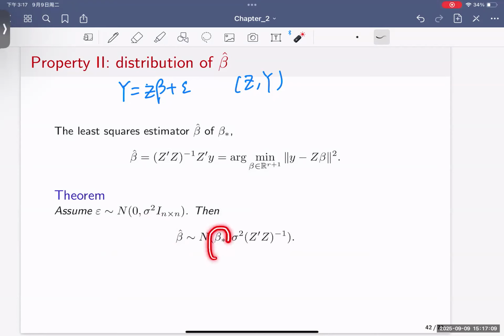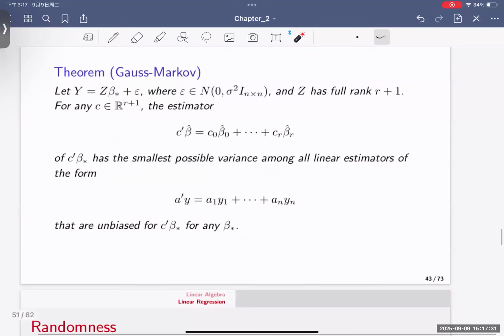The normal distribution has mean beta star, and the variance is presented here. That is to say, our one realization is just around the ground truth, and how different it is depends on the variance.